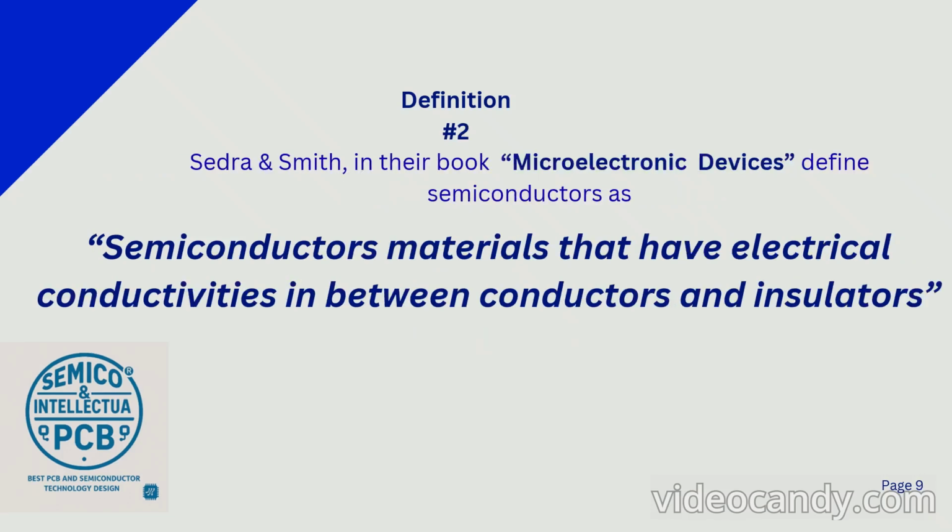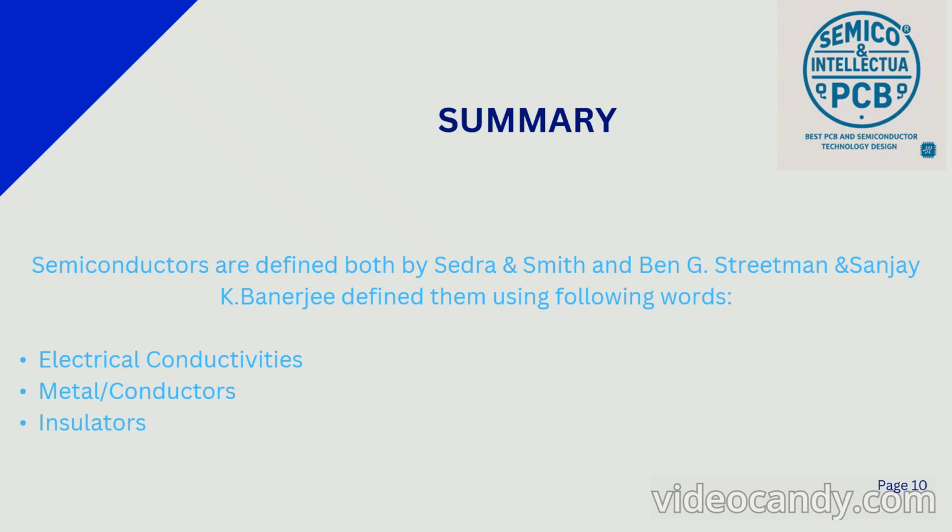Another such definition is proposed by Sedra and Smith in their book Microelectronic Circuits. They define semiconductors as materials that have electrical conductivity in between conductors and insulators. In summary, Streetman and Banerjee and Sedra and Smith have used a very similar definition to define semiconductor materials.